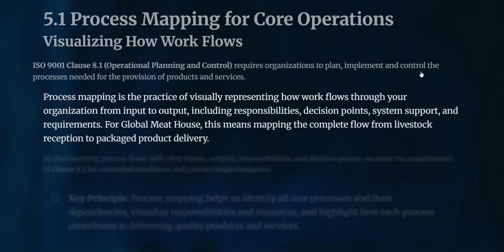But this map should also include the responsibilities, decision points, system supports, and must also include requirements. For our case study, Global Meat House, this means mapping the complete flow from livestock reception from the farm to the point of packed product delivery to the customer.